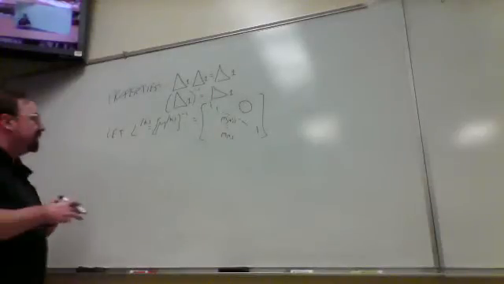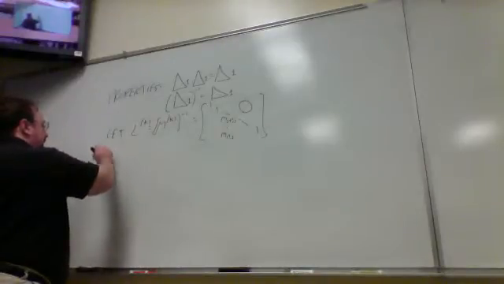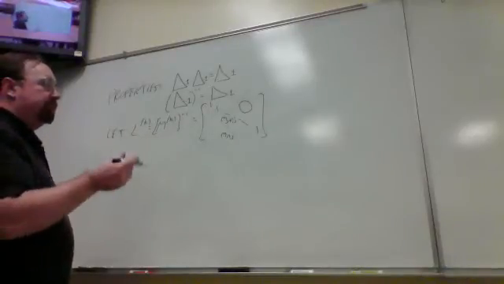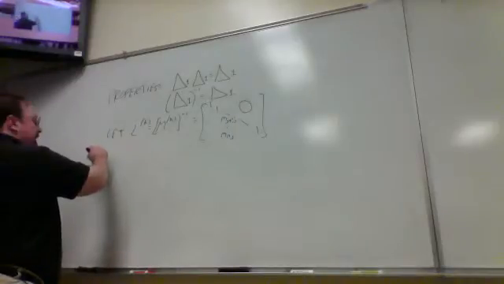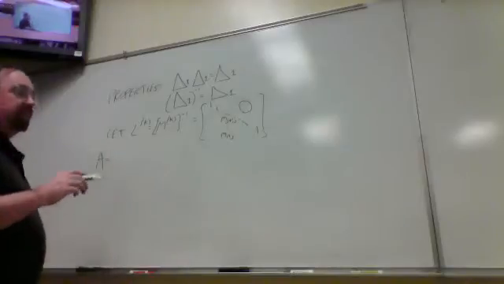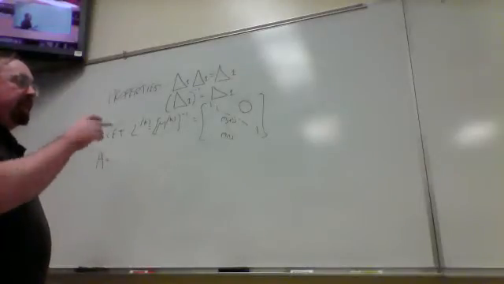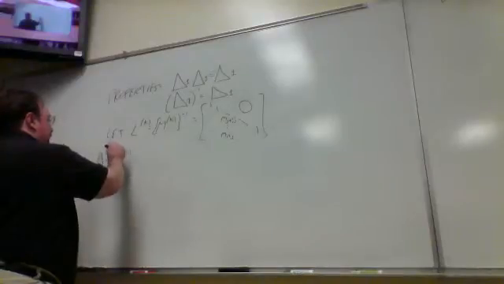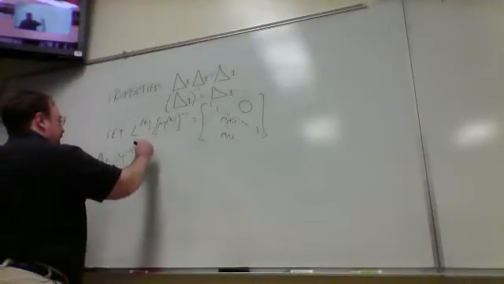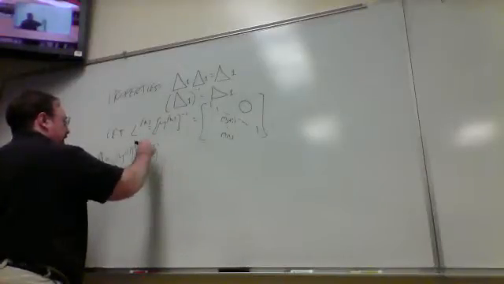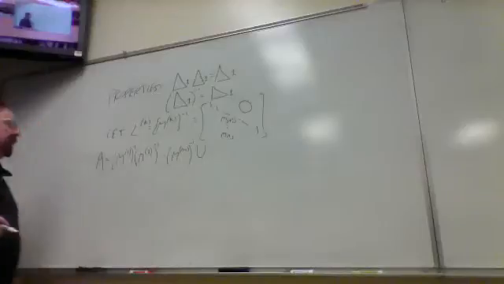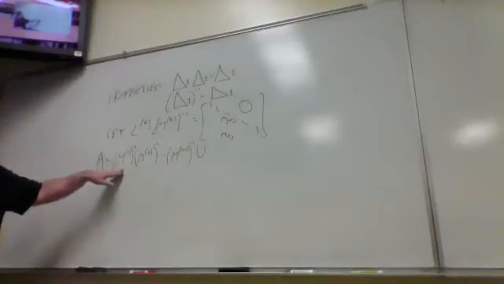Now, from what I wrote on the previous board, if I take all those M's and move them to the other side, I have A is equal to, so I start multiplying by M(n-1) inverse and so on. I'm going to get M1 inverse, M2 inverse, all the way down to M(n-1) inverse times U. But the inverses of these M's are these L's.